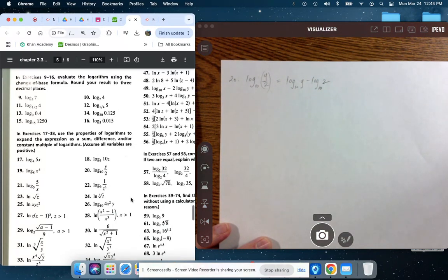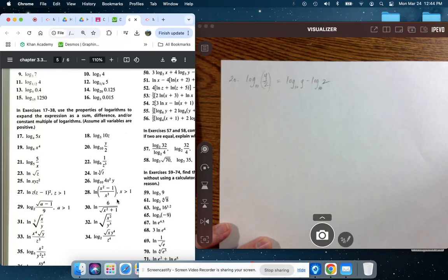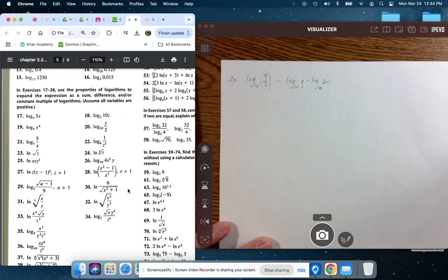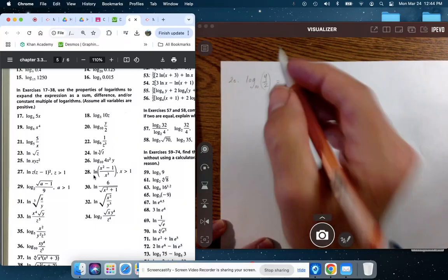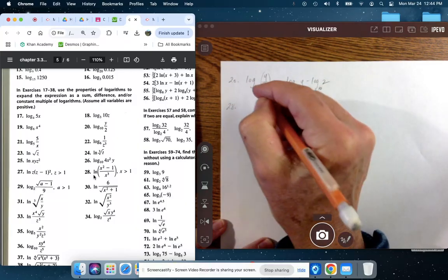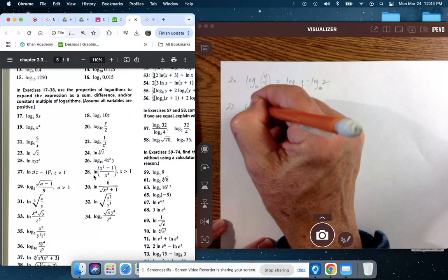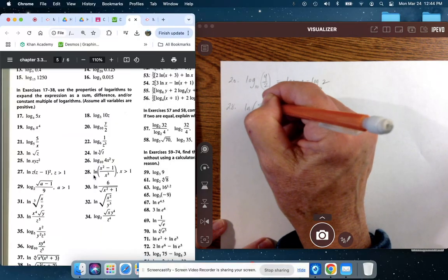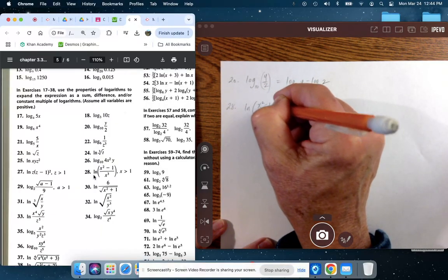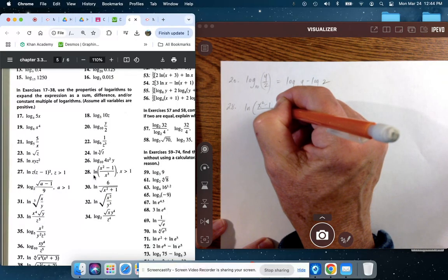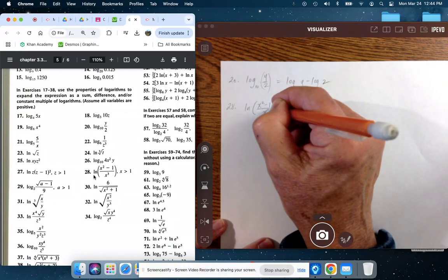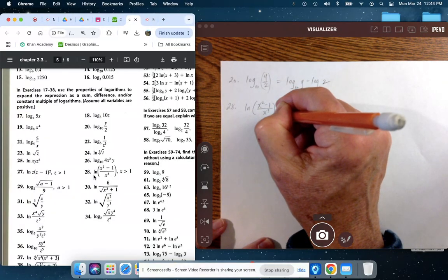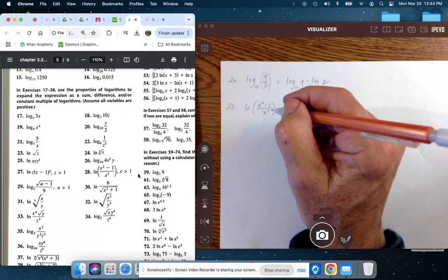Going down here, something a little more complicated, like, I don't know, this mess. Let's look at 28. So natural log of x squared minus 1 over x cubed. Notice it says where x is greater than 1.